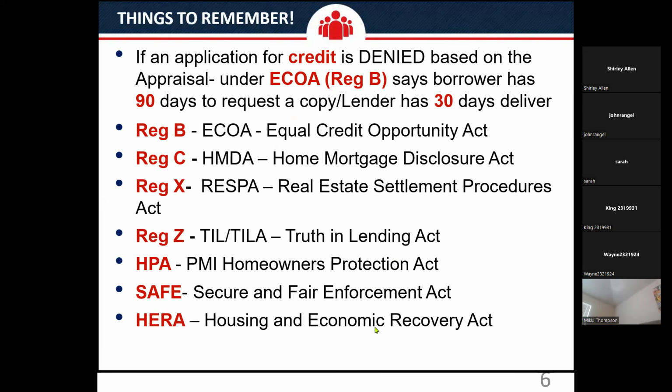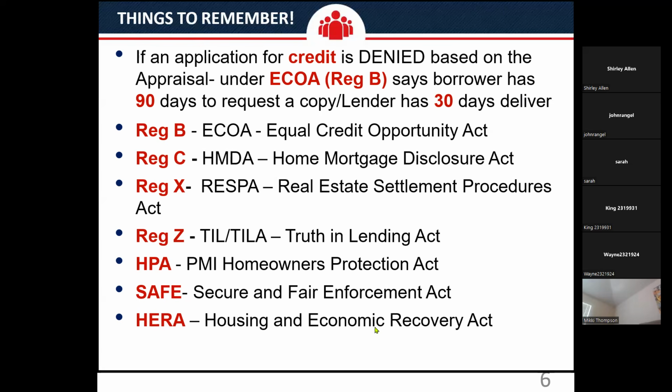But one thing students can't make the connection with is that ECOA also deals with the appraisal. So make yourself a note there, because that's kind of a distant connection, but it is a law that deals with equal credit when granting credit for things that people want to purchase, like cars and boats and furniture and things of that nature. ECOA governs that law, but it also deals with the appraisal.